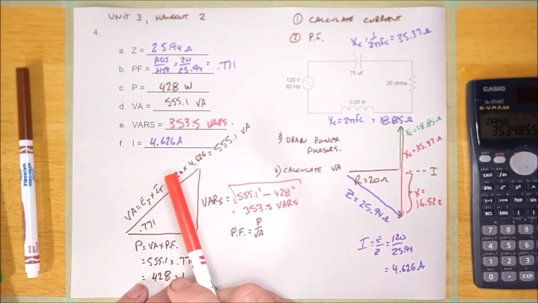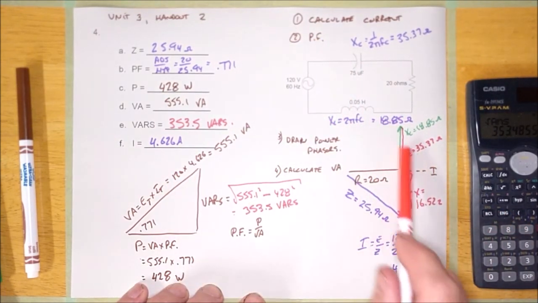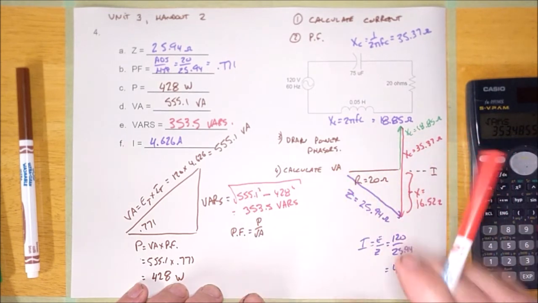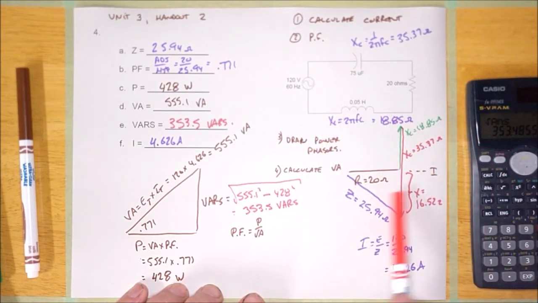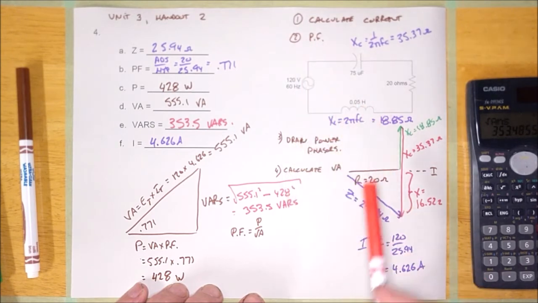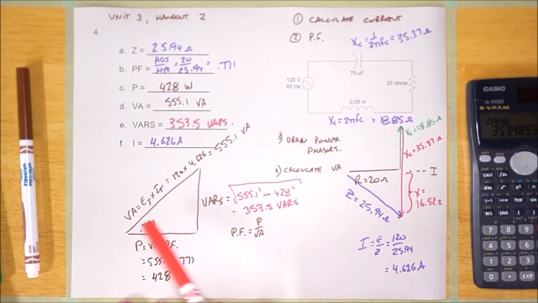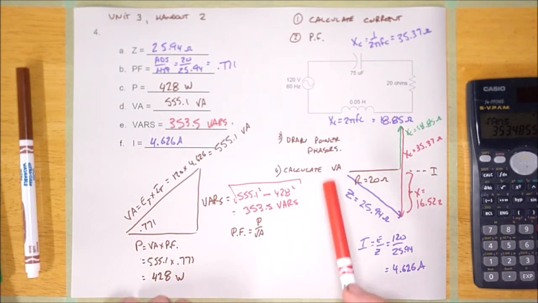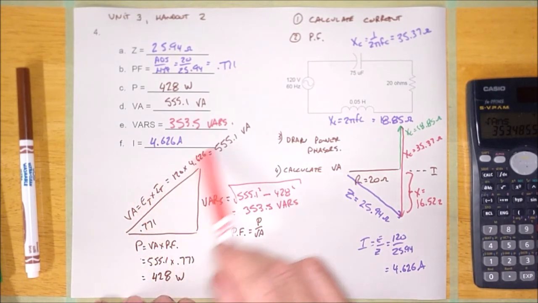Step 2, calculate the power factor for that circuit. Now, if you've already drawn a phasor diagram, any phasor diagram for the circuit, you can use that to calculate the power factor by calculating the angle and hitting cos, or just taking the adjacent and going over the hypotenuse like I did, okay? Step 3, draw a power phasor diagram, okay? And step 4, calculate the VA.